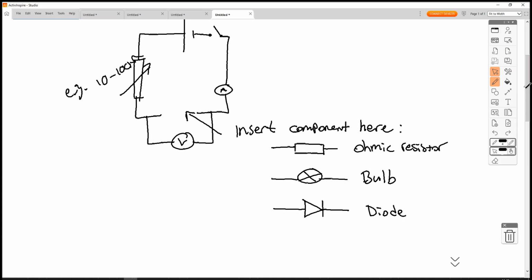Even at its lowest value, it's still 10 ohms, it will still take some voltage. And likewise, if we set it to 100 ohms, the voltage will still split between the variable resistor and our bulb or our ohmic resistor, so we will never get a zero potential difference. So we'll only get values in between. So that's the limitation of this circuit.